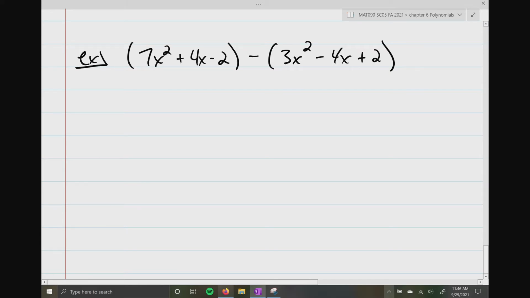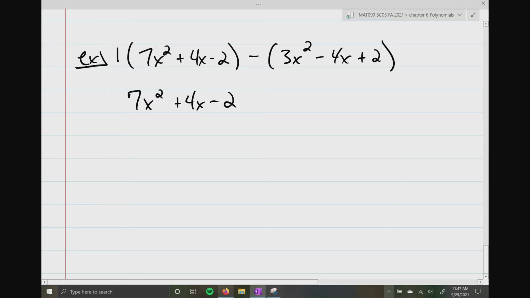All right? If we think about the very first quantity, the 7x squared plus 4x minus 2 polynomial, or in this case, trinomial, technically there is a positive 1 out front. So you would have to distribute the positive 1 to every single term. However, multiplying anything by positive 1, it just remains the same.